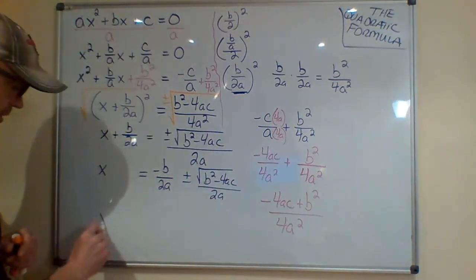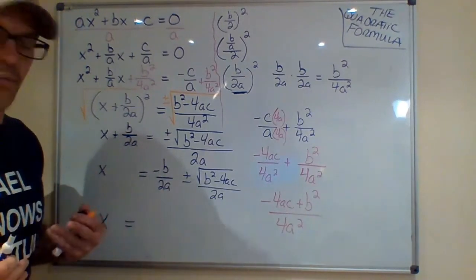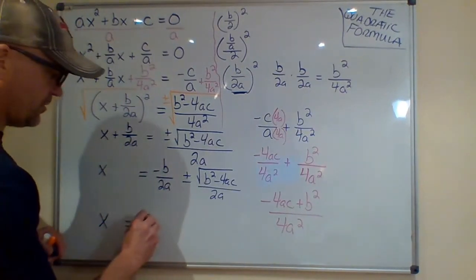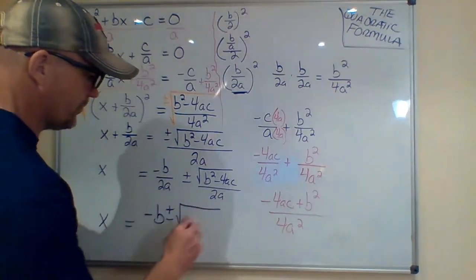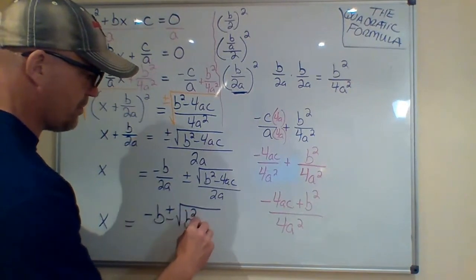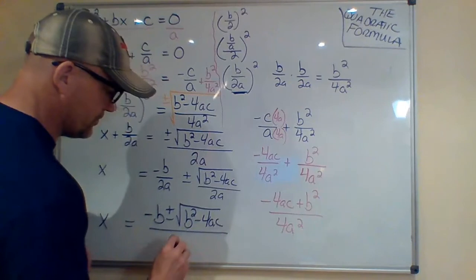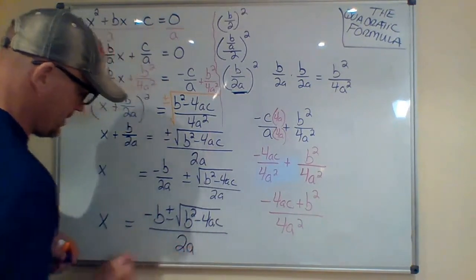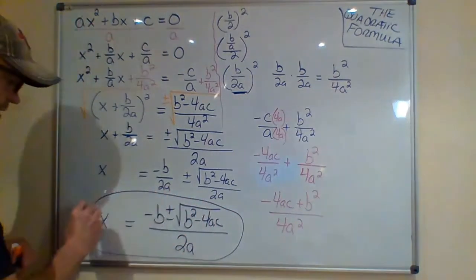Now the beautiful part is they have the same denominator, so I can put them all together in one fraction. So this is going to be negative b plus or minus the square root of b squared minus 4ac, all over 2a. Ladies and gentlemen, that is what's known as the quadratic formula.